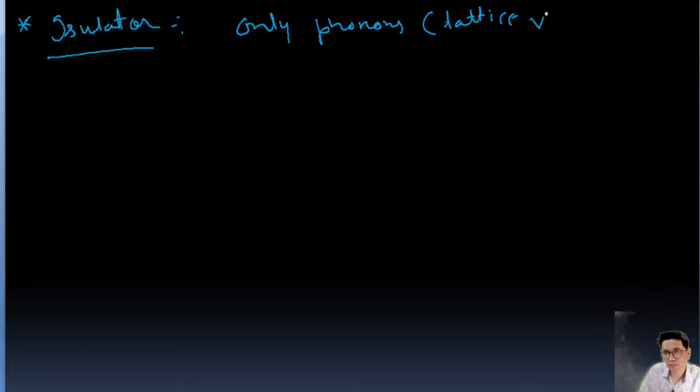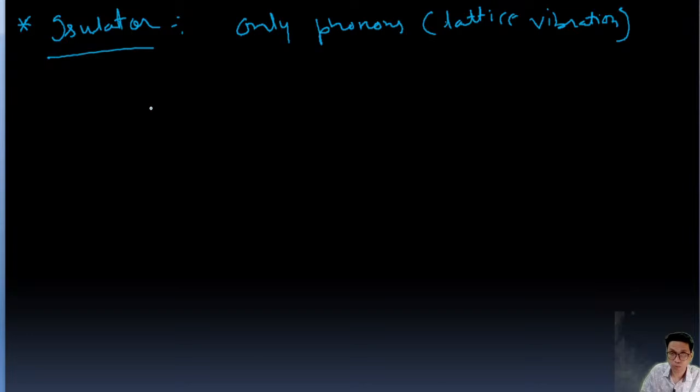If you talk about insulators, there are only phonons or lattice vibrations. So the specific heat is only because of phonons or lattice vibrations, not because of free electrons, because there are no free electrons in an insulator.